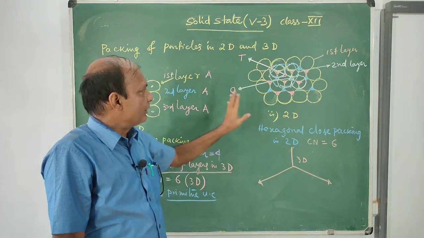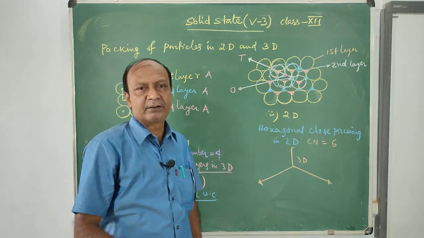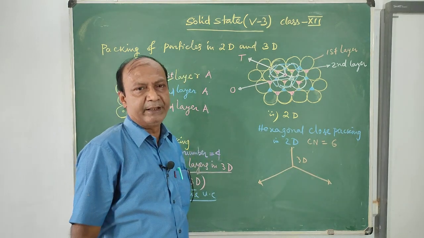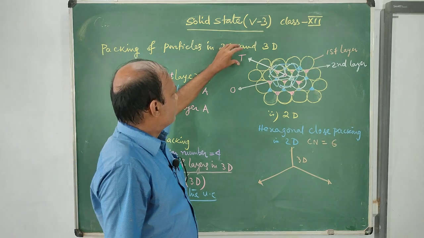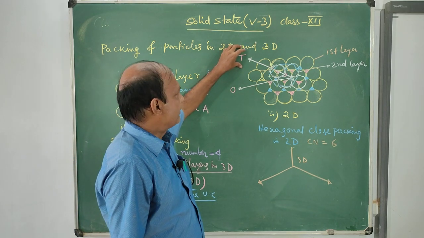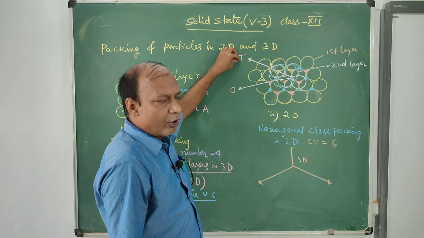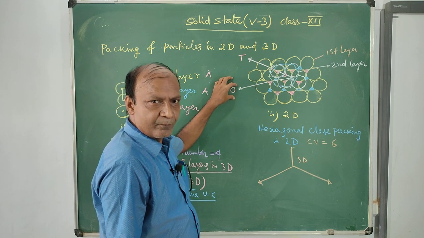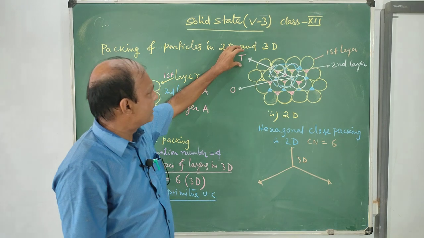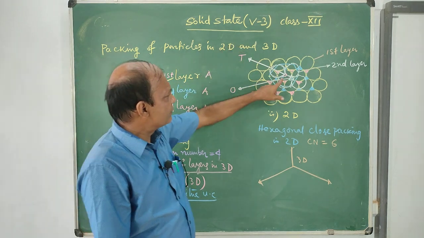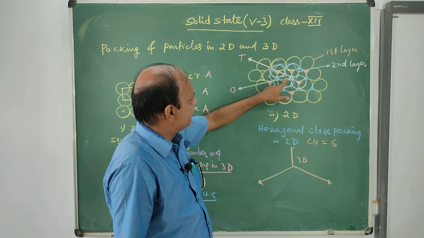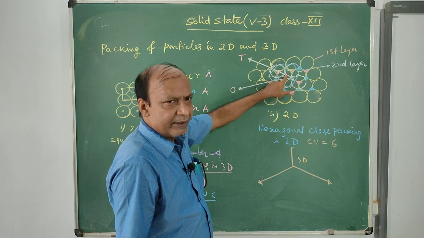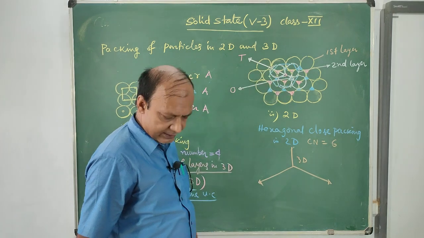So whenever you construct the third layer, there will be two possibilities. The possibilities are putting the spheres just above the triangular depressions T or putting the spheres just above the triangular depressions O.